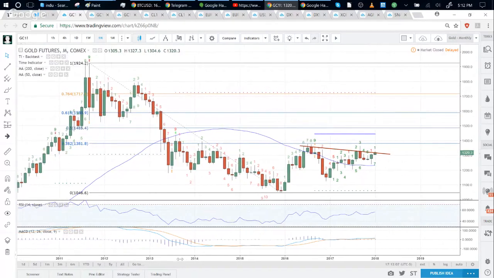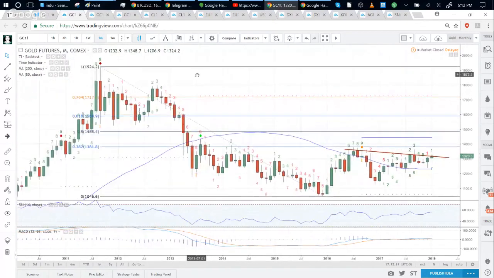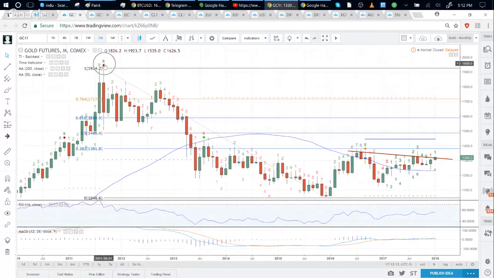Look, here's the futures of gold. Beautiful 9 right here on the monthly, marking the top. Okay, I don't know how clearer this could be. There was another 9 here that gave you a short pullback. And then this 9 marked the top. I have my Fibonacci set up, and look at the monthly Fibonacci.